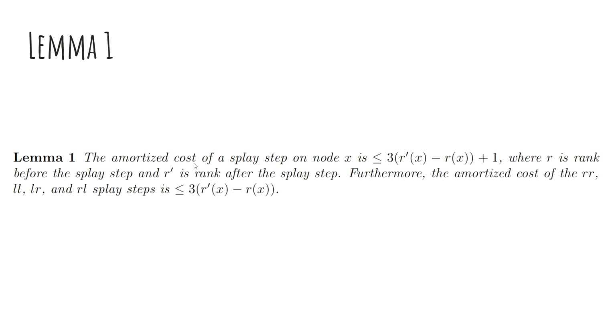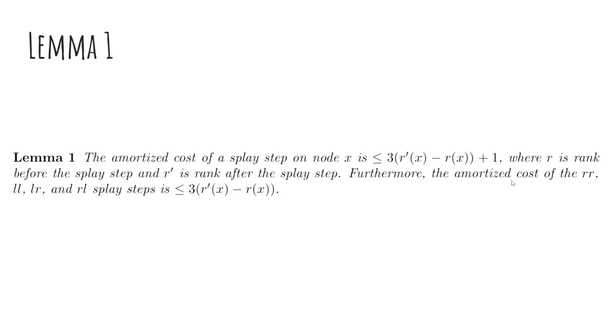Okay. Lemma 1. The amortized cost of a splay step on node x is that expression, where r is the rank before the splay step and r' is the rank after the splay step.